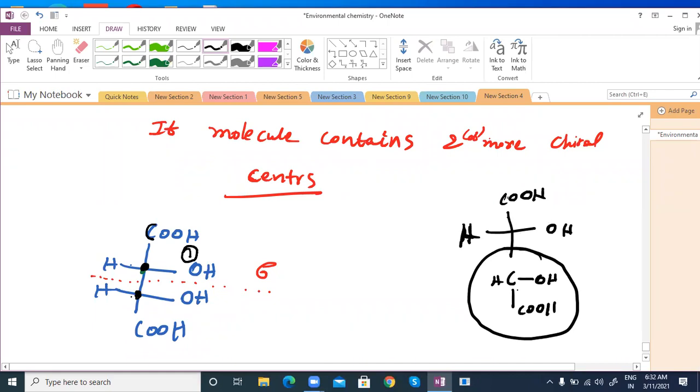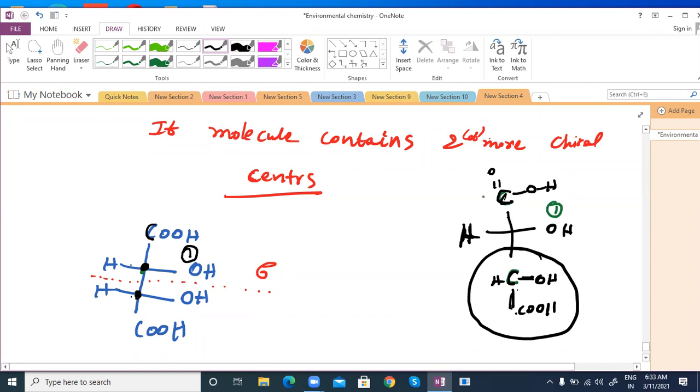This is the first bond I am taking, by atomic number, and the second one I have to give priority. This is COOH and this is CHOH. Same thing, sir, bottom part I am writing. This is carbon, here also carbon. But in COOH, the carbon attaches to oxygen 3 times: one is OH and the other is a C double bond O. But here, 1 bond with oxygen, another with carbon, and another with hydrogen.